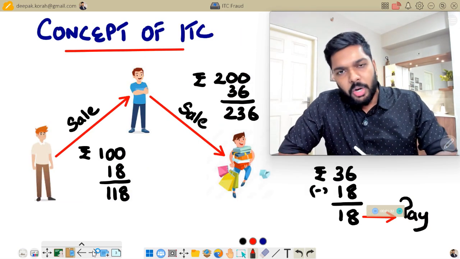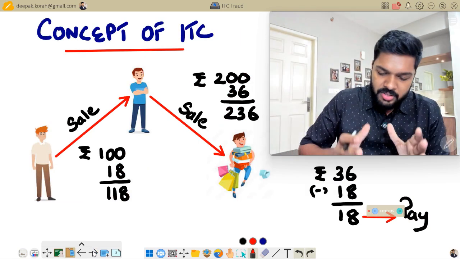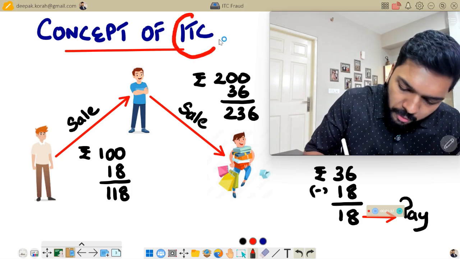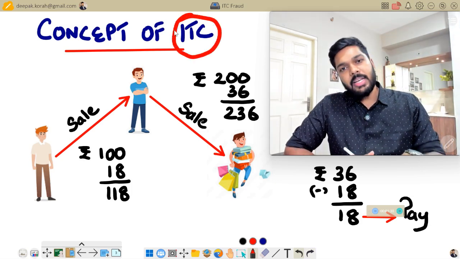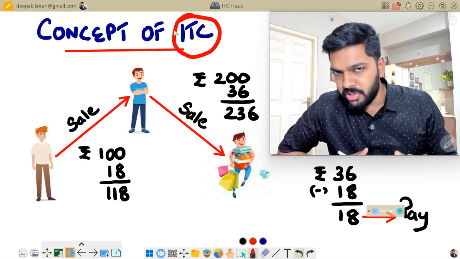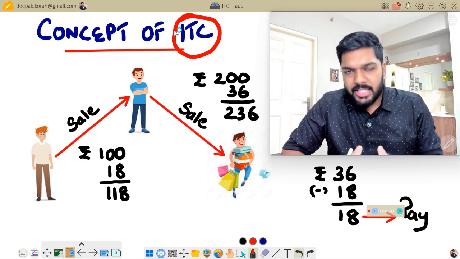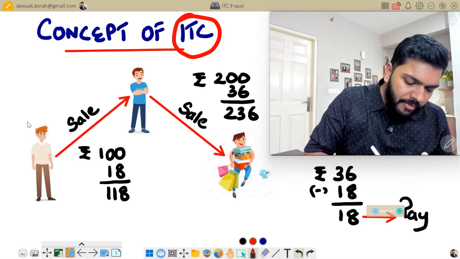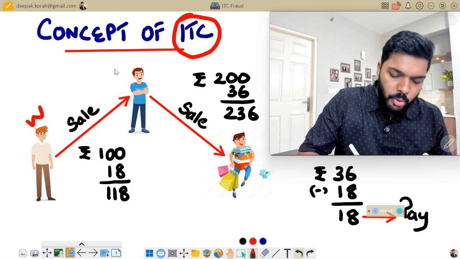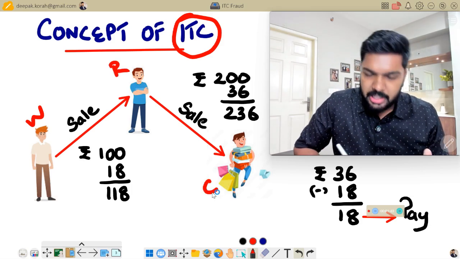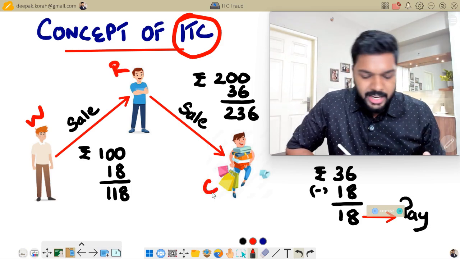Now, before we look into the working mechanism, as said before, let's try and understand the basic concept of ITC. Well, ITC is a beneficial concept in GST, and to understand this, let's take the help of an example. Say you have a wholesaler, you have a retailer, and then you have an ultimate consumer. The wholesaler is selling goods to retailer.